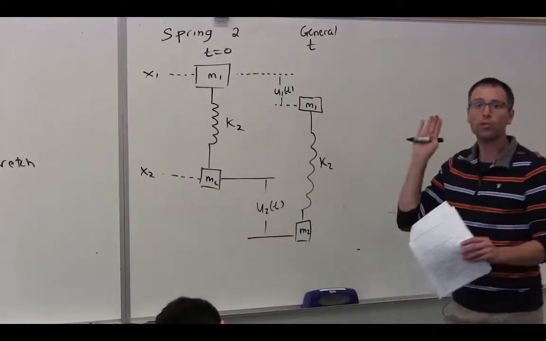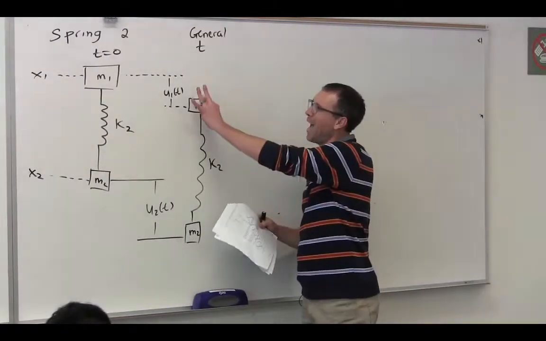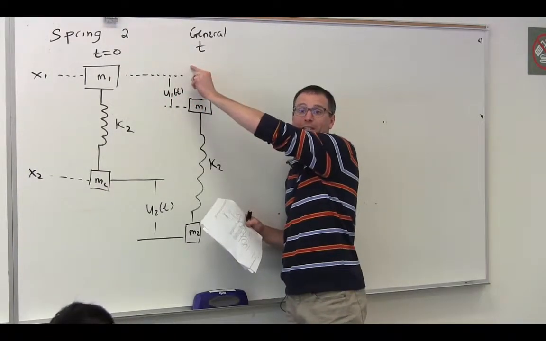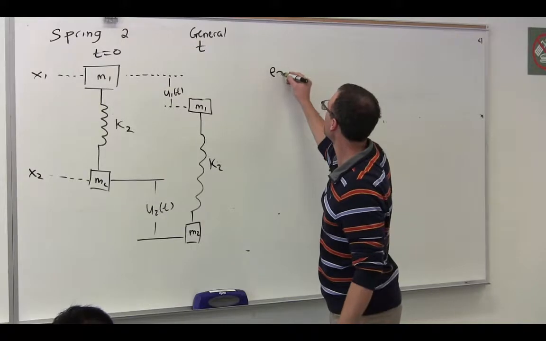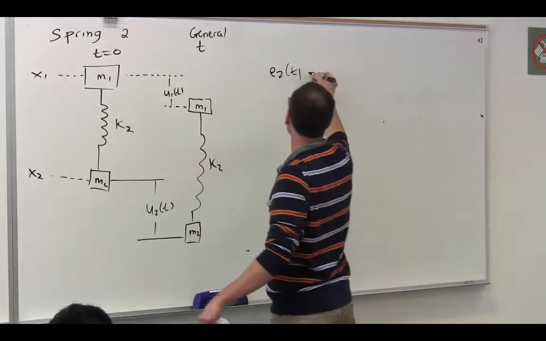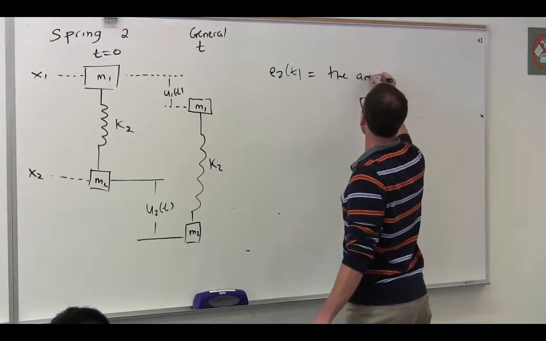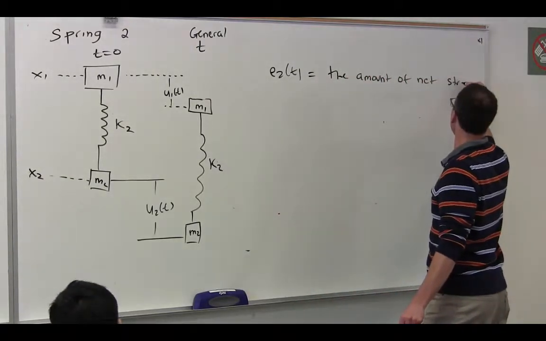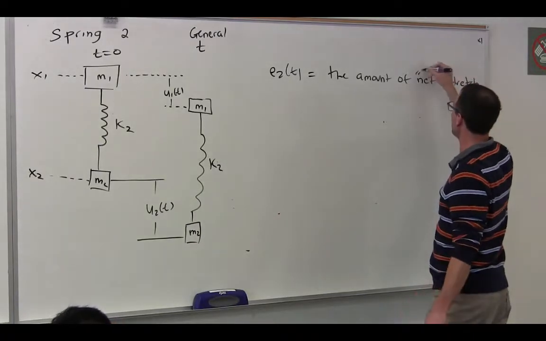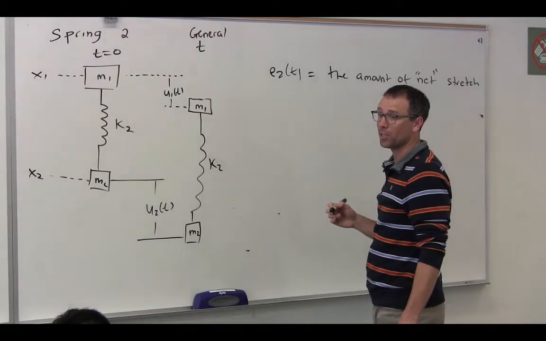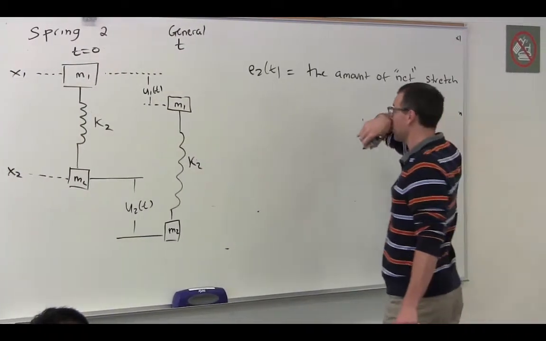Let's suppose for a minute that mass 1 had 0 displacement. So mass 1 was fixed. How much would spring 2, if we think about this as the elongation, the amount of net stretch, and it is a net observation. This is not an absolute 0 observation. This is non-Newtonian. This is more relative, right?